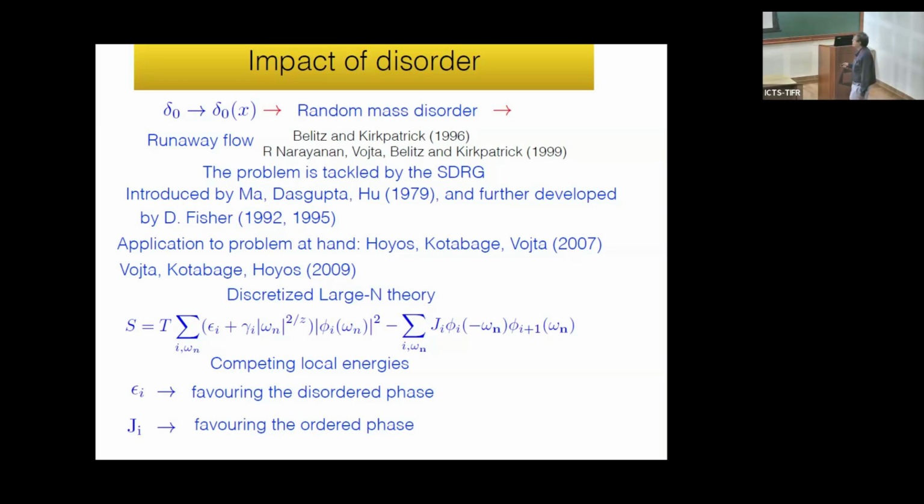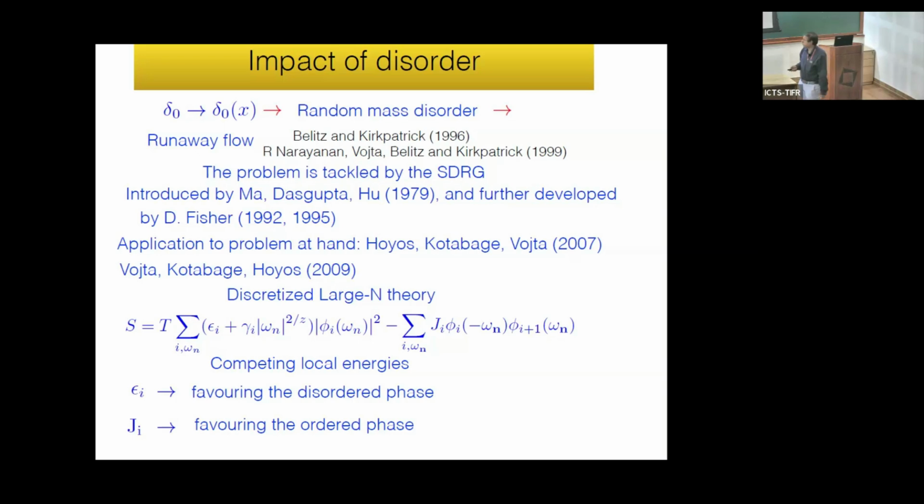So instead of working with a theory where you integrate out the disorder and work with an effective field theory with an effective disorder strength and do a perturbative RG calculation, what they did is adapt an approach called the Dasgupta-Ma renormalization group, which was also put on a firmer footing by Daniel Fisher. They tried to use such a theory to understand the disorder effects in this problem.